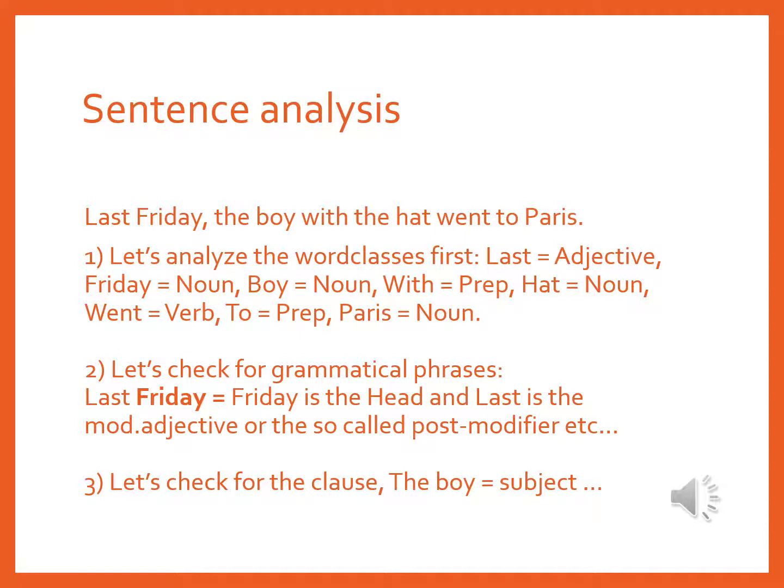And the third is the most difficult stage of the sentence analysis. We check for the clause elements, of course. And I haven't gone through it all in this video, but for instance, the boy, he's the one doing the action, so he's the subject.